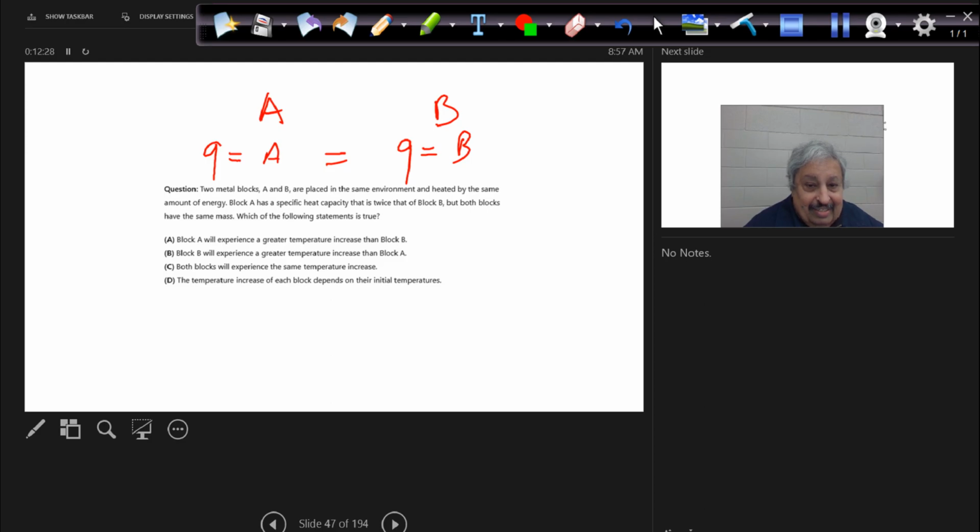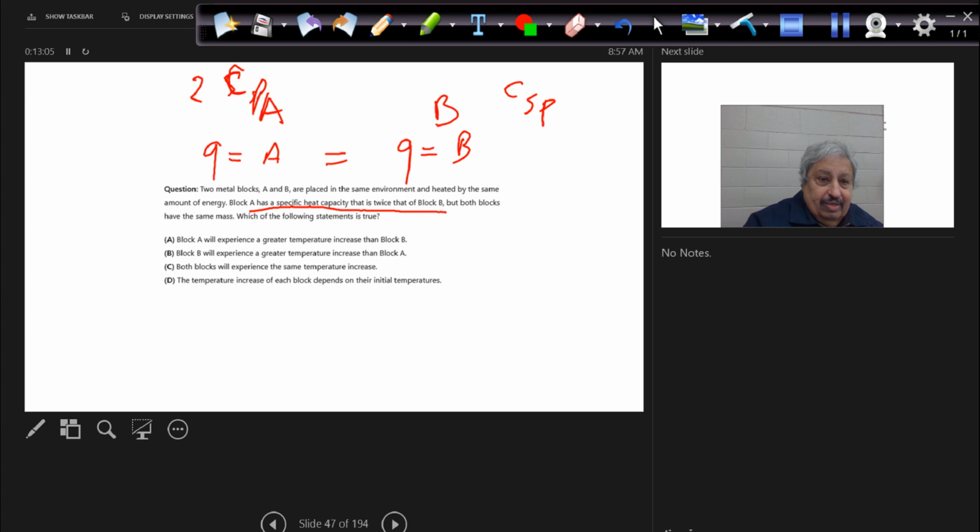The specific heat of block A is twice that of block B, so this is specific heat and this is 2 specific heat. Both blocks have the same mass.